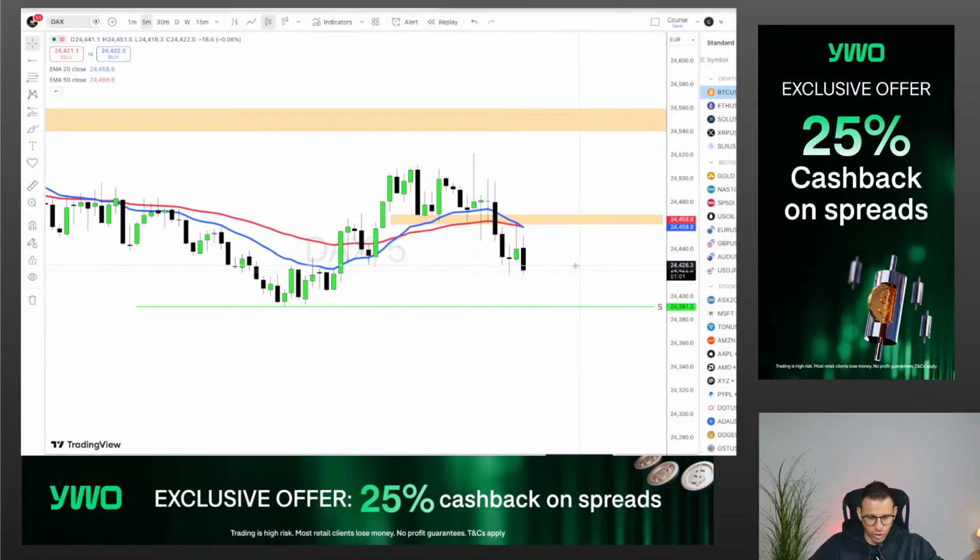If your strategy matches the picture here, then yes. But overall DAX is weak now, so we can look for some short positions.